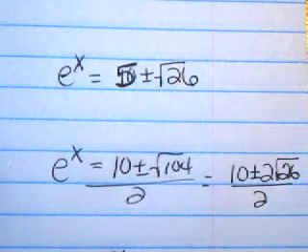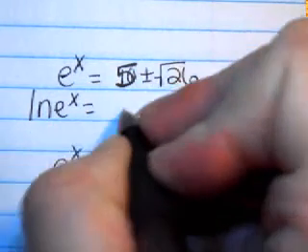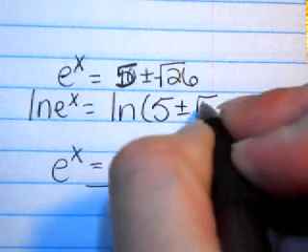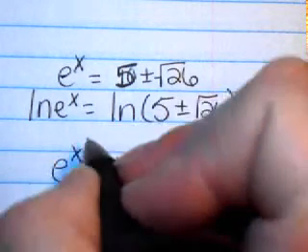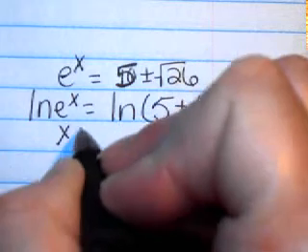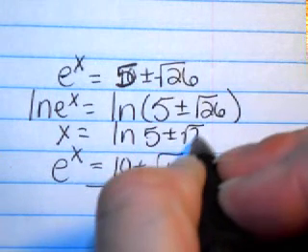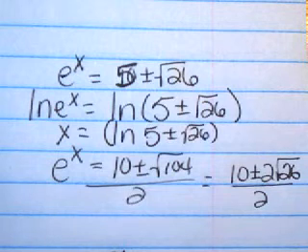Now, one more step. I've got e to the x now, and so that becomes natural log of e to the x is equal to natural log of 5 plus or minus the square root of 26. And so this becomes x equals natural log of 5 plus or minus the square root of 26. I kind of shorted my paper there.